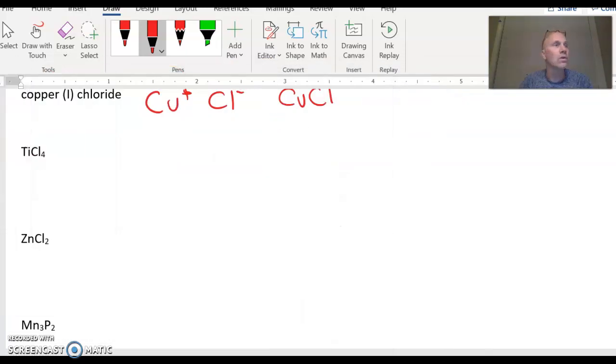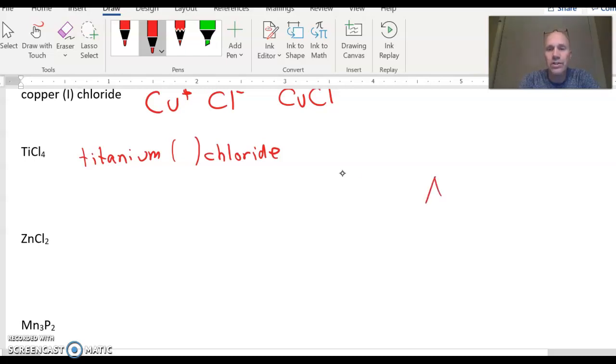So we know that this guy is going to be titanium, and we know its last name is going to be chloride. But we know it's going to need a Roman numeral, because it's one of those compounds. If you figure out a quicker way to do this, that's fine, but I use the seesaw analogy.